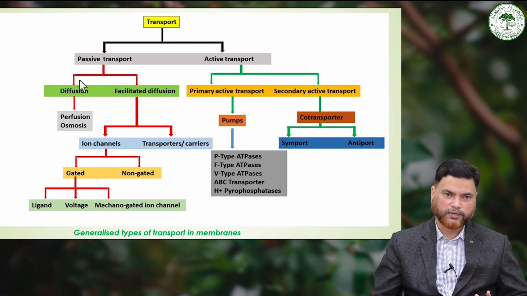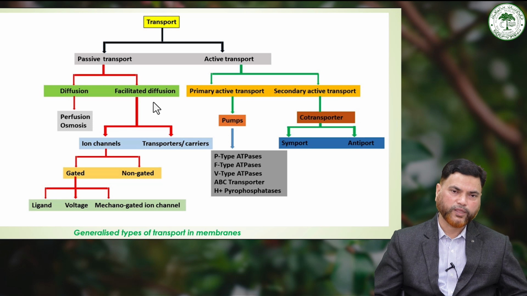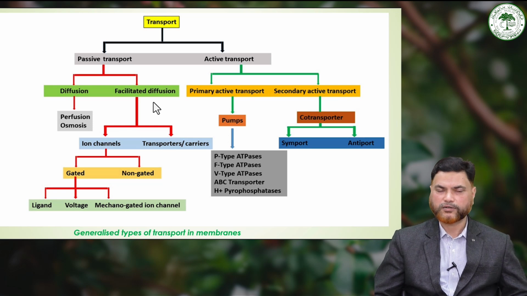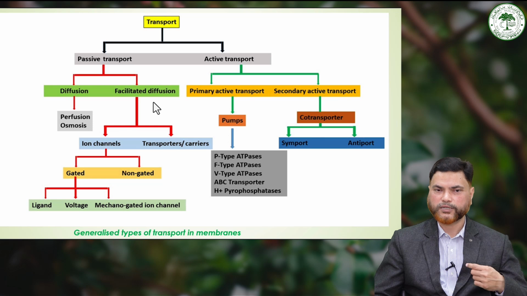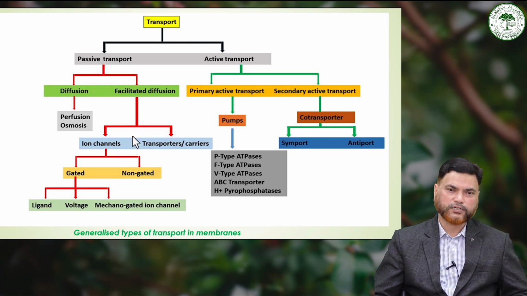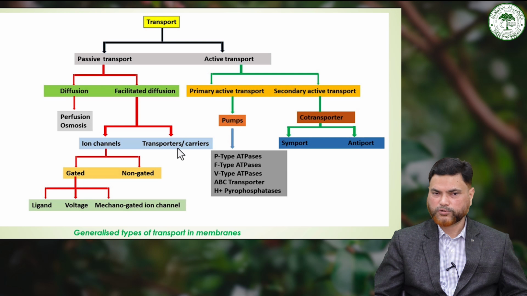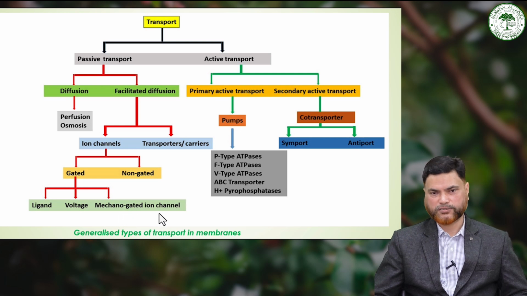If it is passive transport, it could be by diffusion or facilitated diffusion. In facilitated diffusion, diffusion is facilitated by something else: ion channels, transporters or carriers. If it is through ion channels, they could be gated or non-gated, and if gated, then ligand-mediated, voltage-mediated or mechano-gated ion channels.